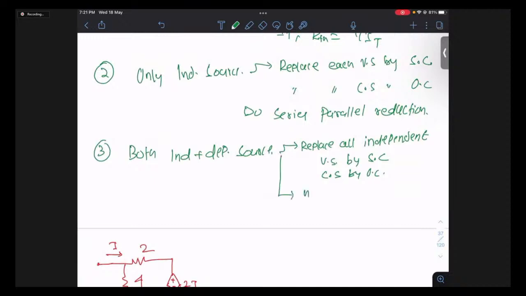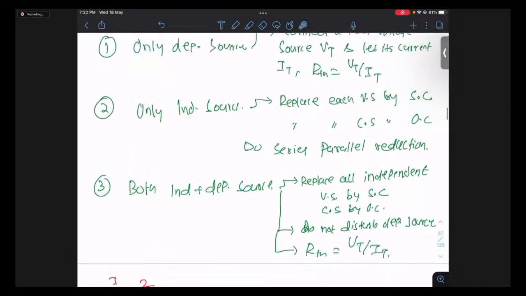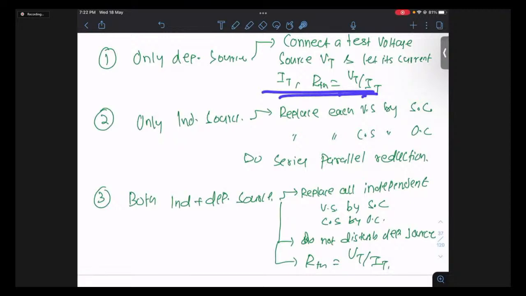Next point is, do not disturb the dependent source. Now your RTH or R equivalent, whatever, is the ratio of VT to IT. So this VT to IT is the same as this one.